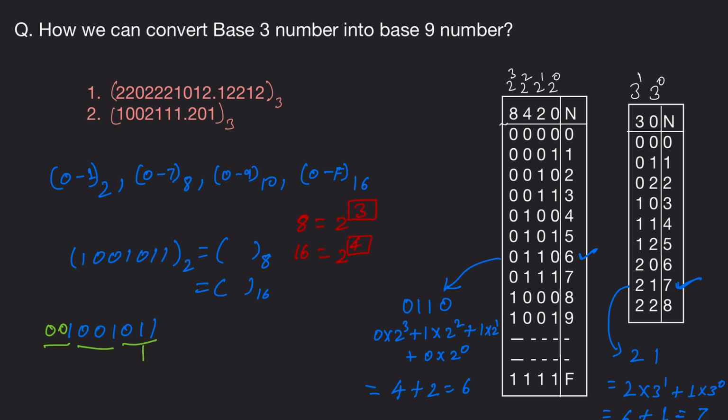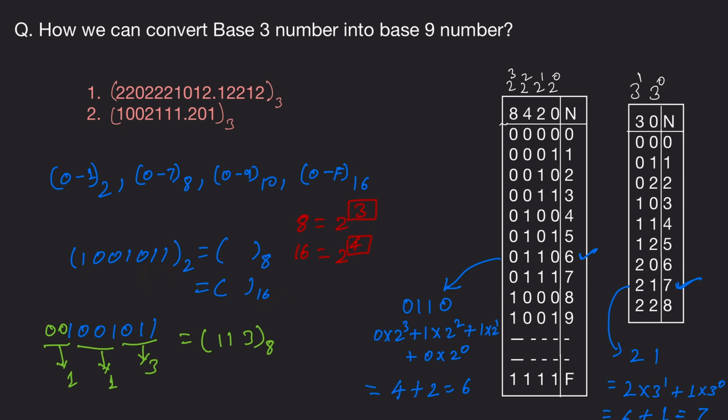Write the corresponding value of these bits, 3, 1, 1. So 113 is the base 8 number of this binary number.